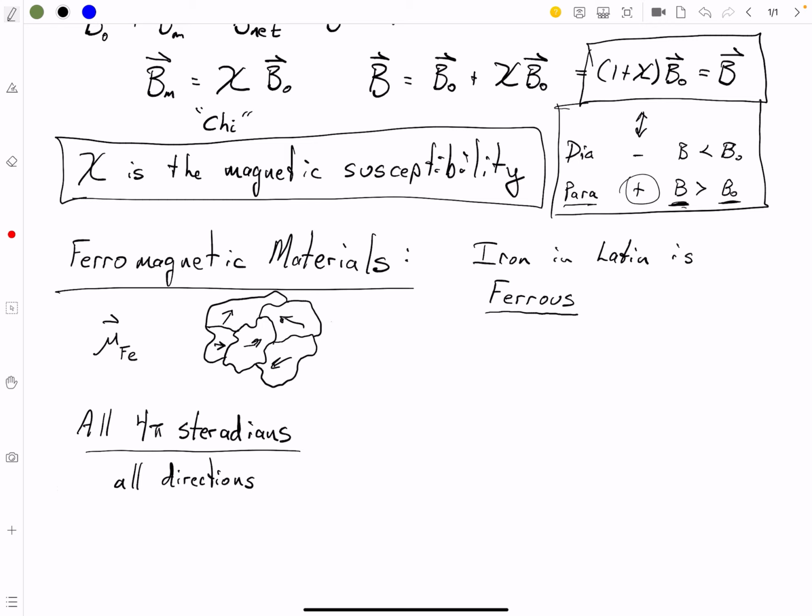So you've got no net. The mu net or mu total is equal to 0. And even though you have a ferrous material, it still ends up being 0. And so you pick up a random piece of steel, and it's not going to have an overall magnetic field.